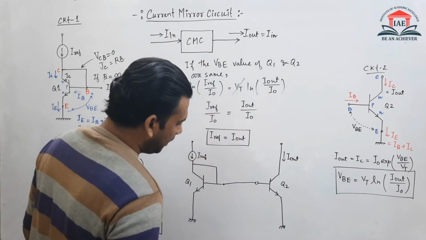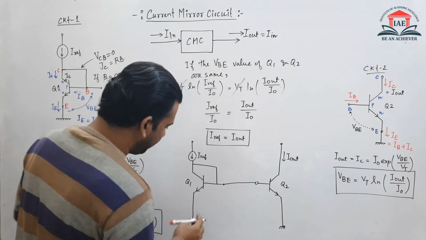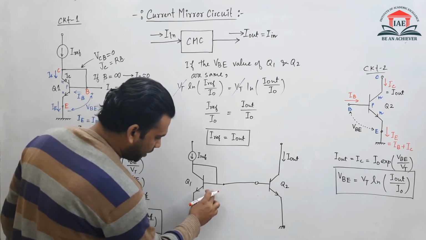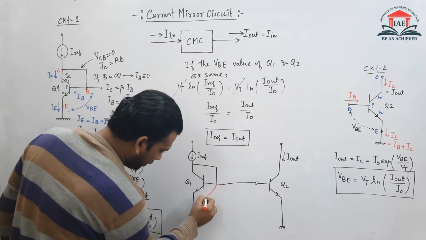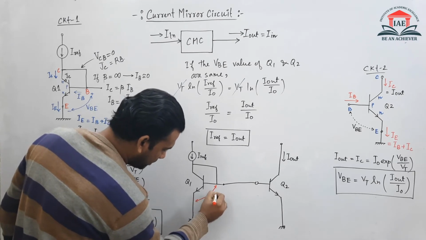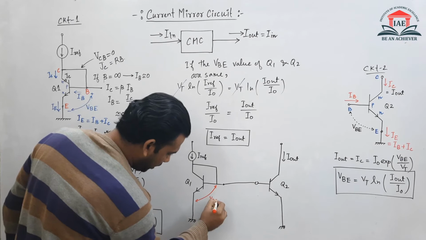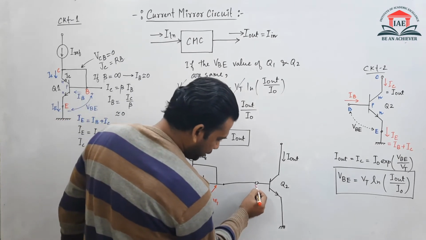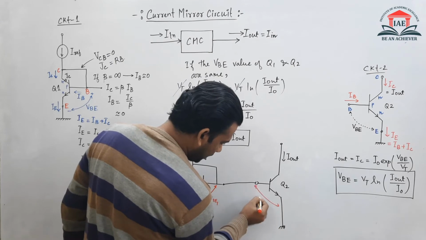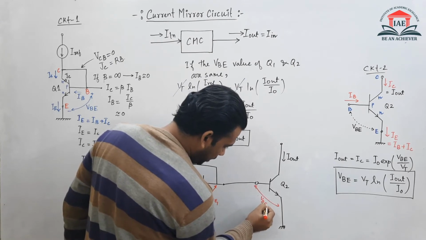अब if the potential of Q1 at the base to emitter, यहां पे बेस था, यहां पे एमिटर था, so this potential was VBE1 suppose, and this potential is VBE2.